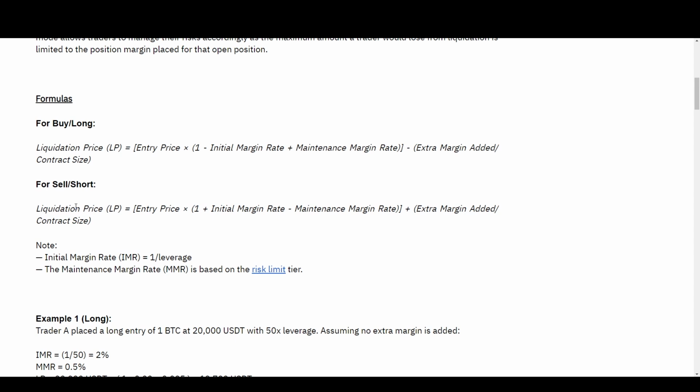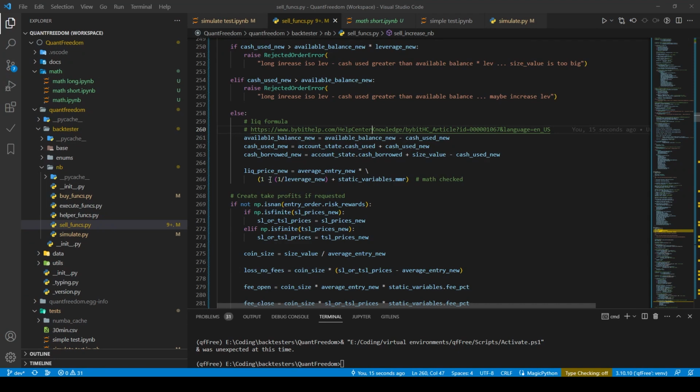Liquidation price equals entry price times 1 plus initial margin rate minus maintenance margin rate. So actually it's just this plus this minus. That's literally the only thing that changes.